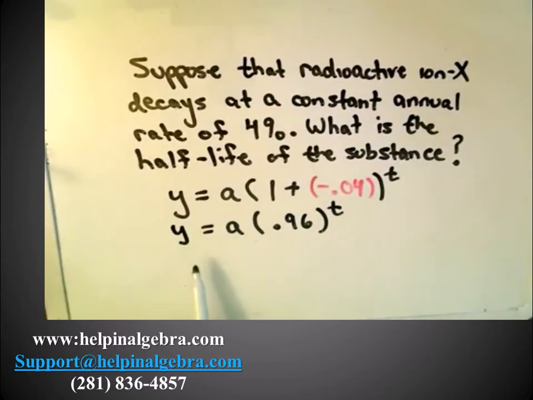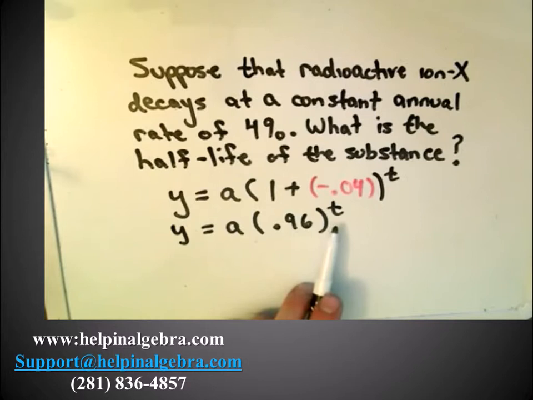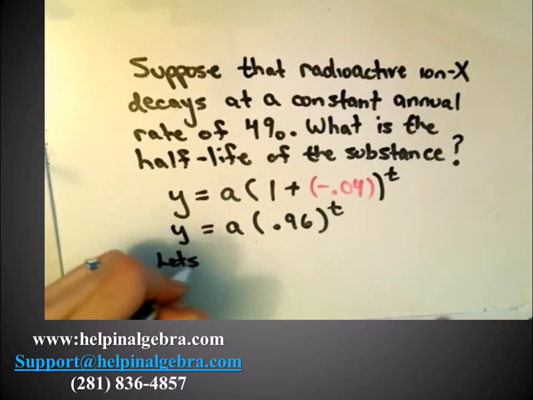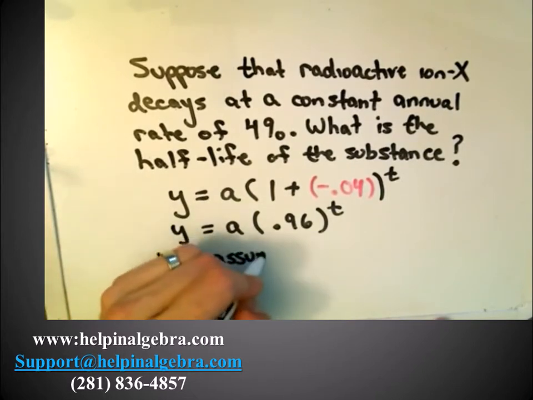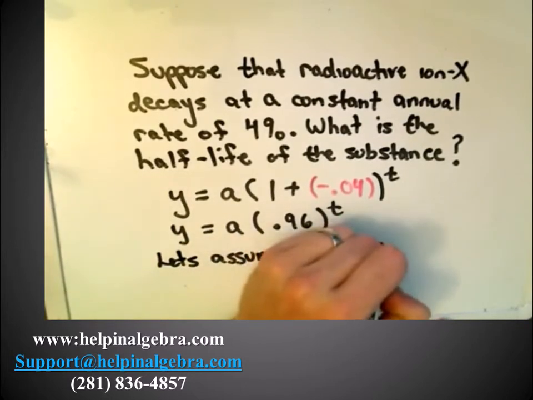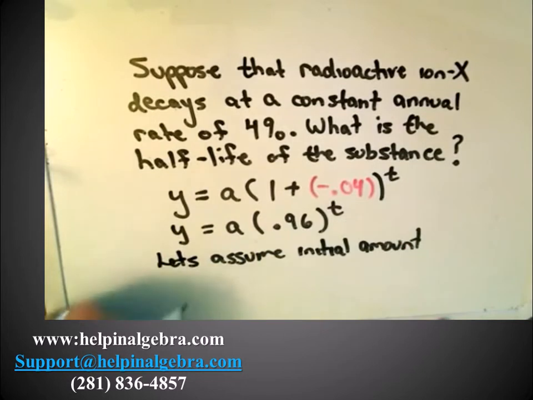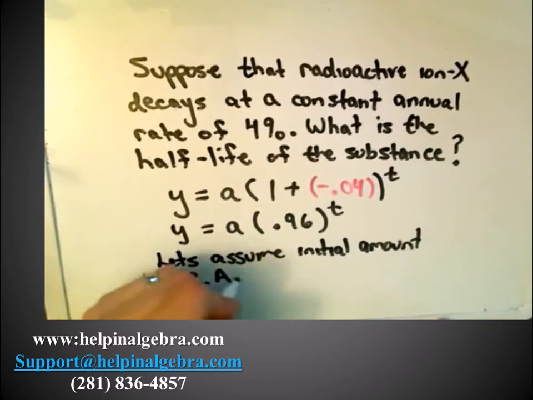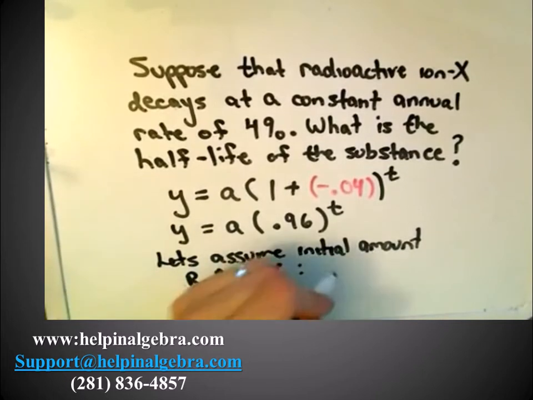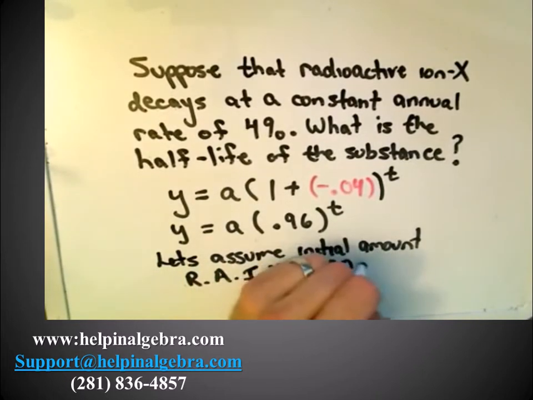So basically this formula is going to tell us the amount of the substance that remains after t years, okay, since it has an annual rate. So we want to know the half-life. Let's just assume the initial amount of our radioactive ion X. Suppose our initial amount of this radioactive ion is just 100 grams.